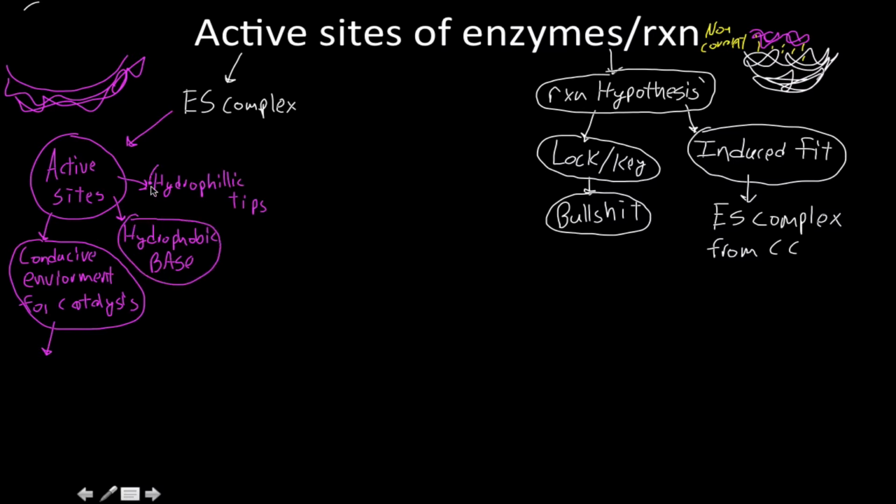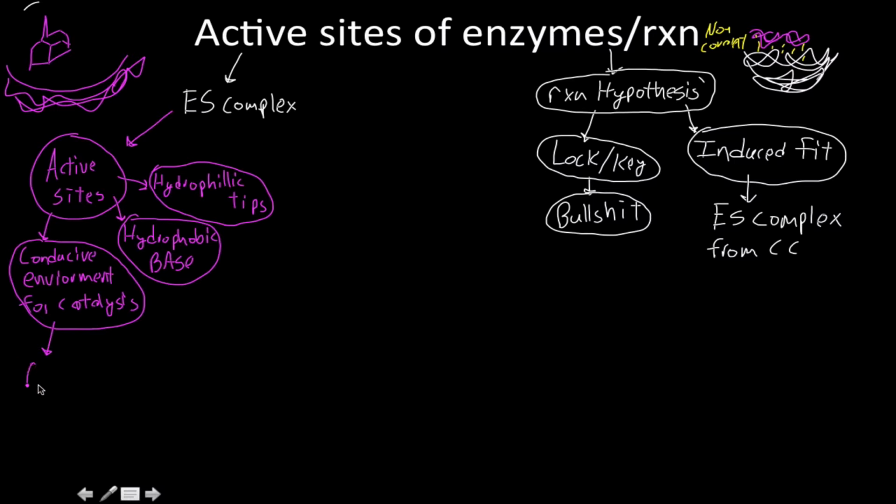The analogy that my professor gave us was that it was like a church. If you go to a church, there is a steeple on top that's at the very high part of it, but at the base of it, everything is kind of here. So here's the hydrophobic base of it, and at the top of it is where the hydrophilic tips are.